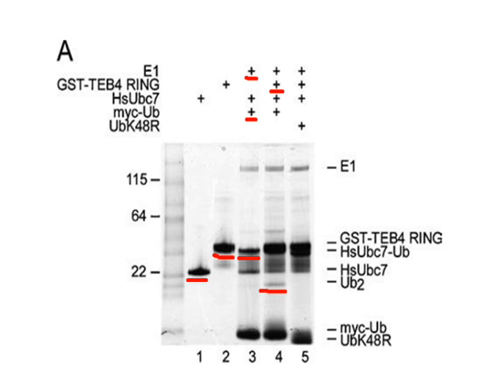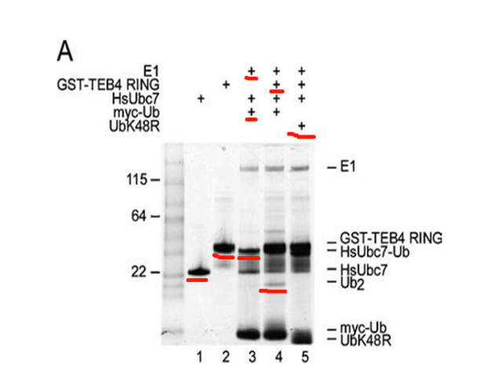Given the fact that E1, the GST TEB4 fusion, the ubiquitinated and unubiquitinated HSUBC7, and the ubiquitin are migrating at approximately the same positions, this appears to be a reasonable conclusion. In lane 5, we have the same reaction, but with the K48R mutant of ubiquitin added instead of the wild-type ubiquitin.